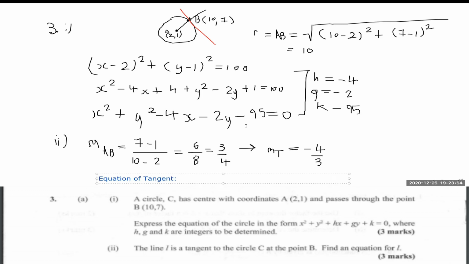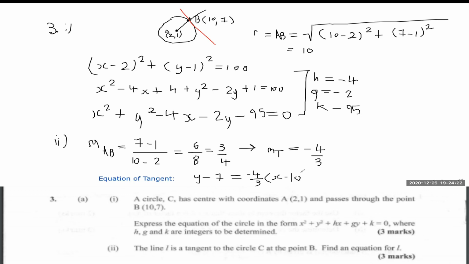The equation of the tangent is going to be y minus the y value at B, which is 7, so y minus 7, and that's equal to the gradient of the tangent, which is negative 4/3, multiplied by (x minus 10). And this is the equation of the tangent.